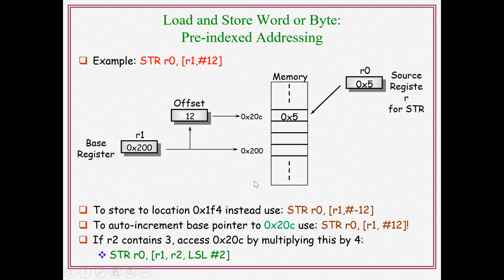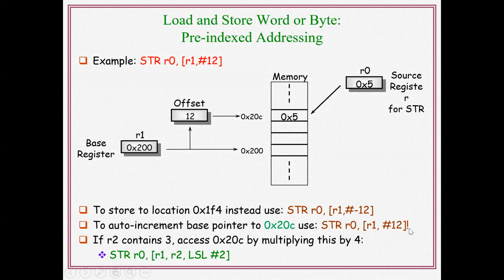And the second note point is to auto increment the base pointer to 200C. Actually here the base register is 200 plus the offset is added. If you need the total updation, then automatically you can use this instruction. Instead of STR R0, [R1, #12], you can use STR R0, [R1, #12]!.